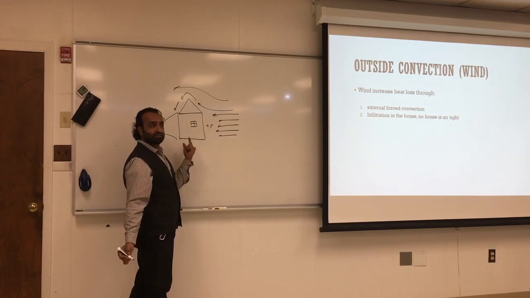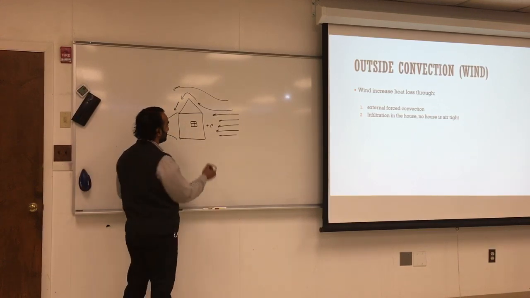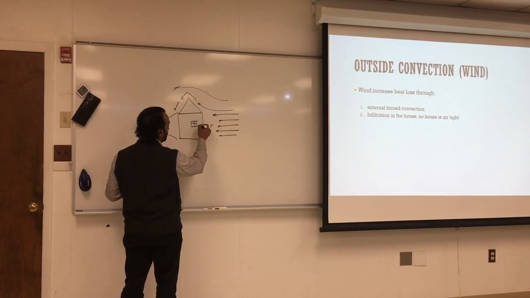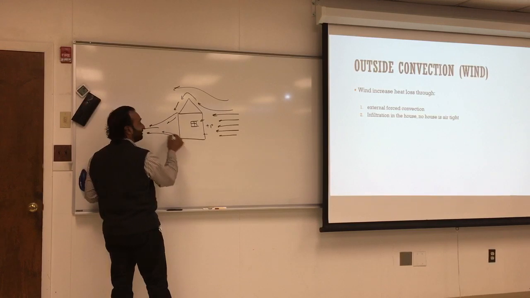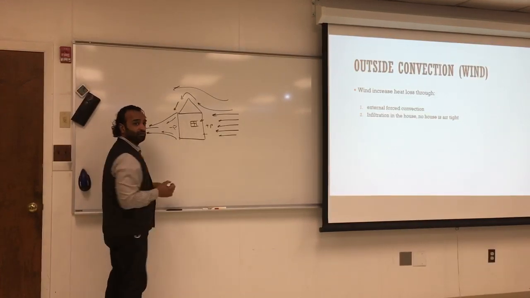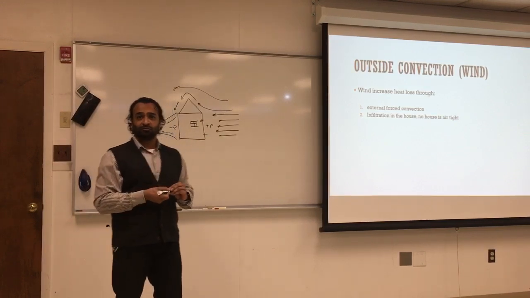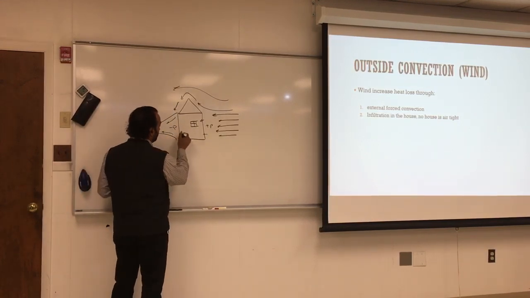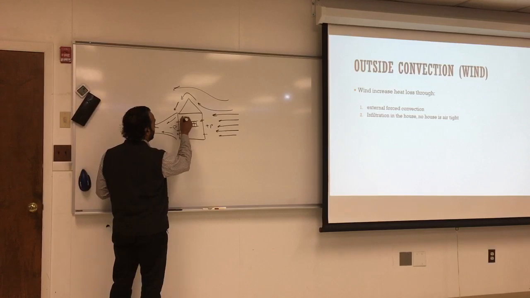The pressure from this area is going to be pushing inside. So if you have cracks in here or here, wind will go through them. What about here? What are you going to have? Negative pressure, a vacuum. So you'll have air coming outside the house from here if you have any infiltration.